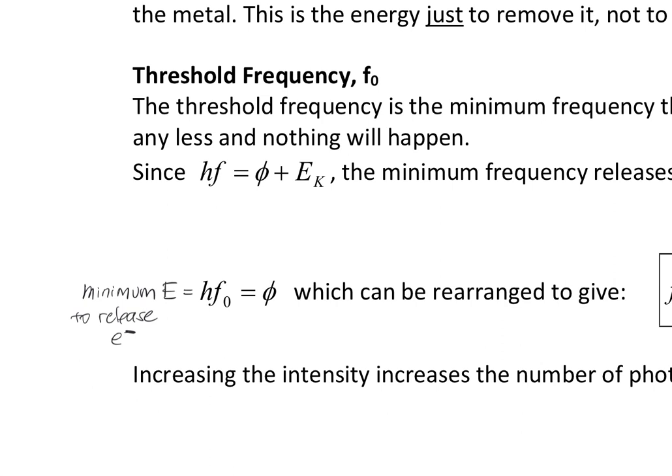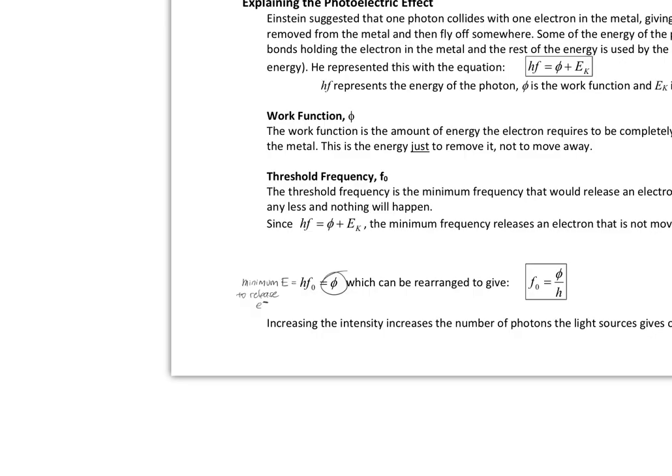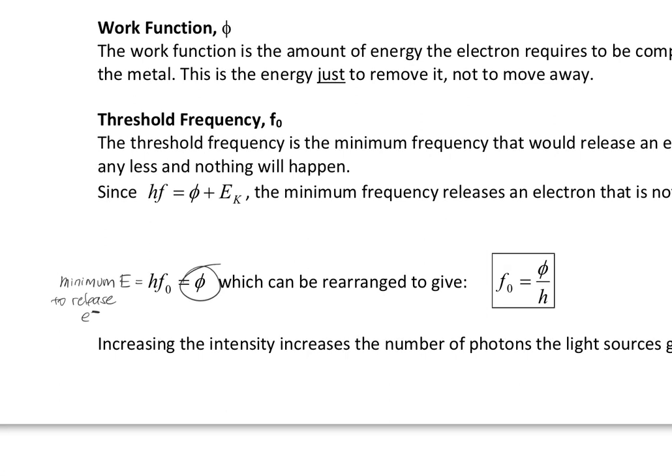Now, that h, Planck's constant, times the threshold frequency, we give that a name, and that's right here. I think that's a lowercase phi. Doesn't matter, we call it the work function. They rewrite that equation as the threshold frequency is the work function over h, which is not on the data table, but the work function does come into play in another equation.